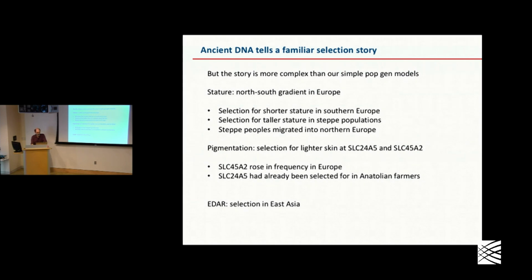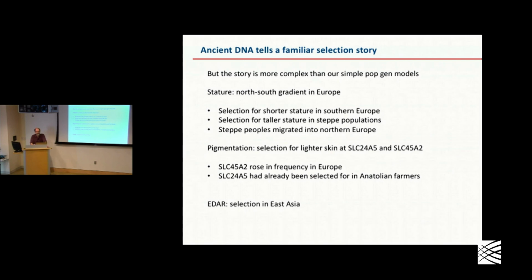Another gene, which looks very similar in name but isn't, SLC24A5, had already been selected for in the Eastern Mediterranean among farmers, among the population in Anatolia. That's where farming came from. These farmers swept into Europe, displaced most of the existing population. And it wasn't that it was selected for in Europe, it had already been selected for elsewhere, and it was just this migration that produced the signature that we now see of selection having happened in Europe.